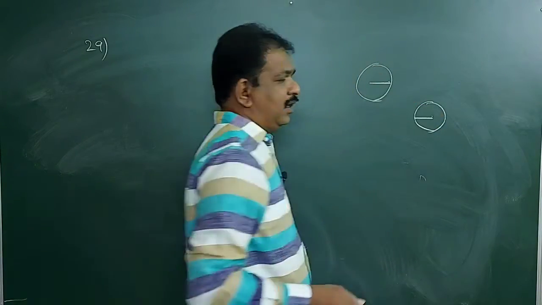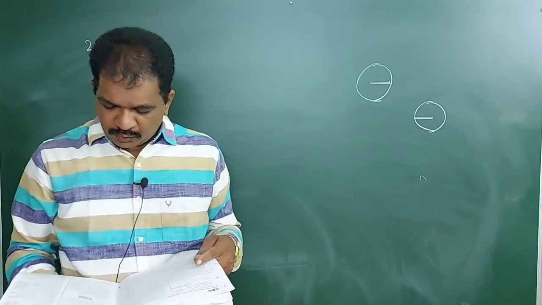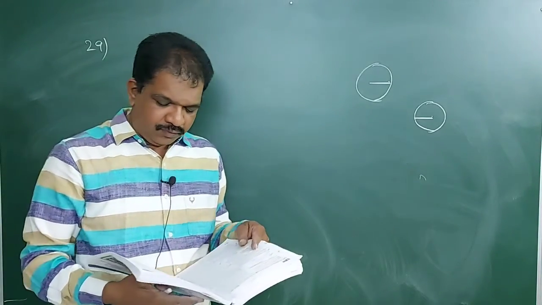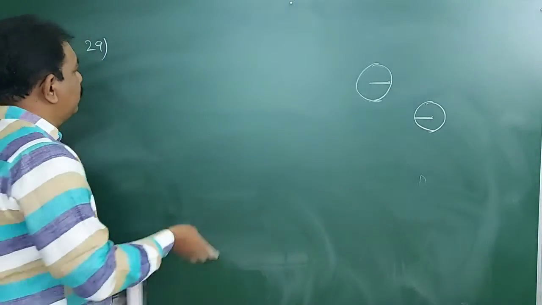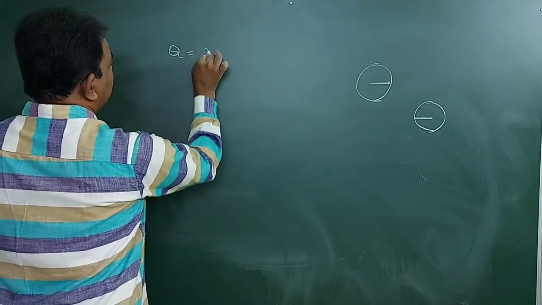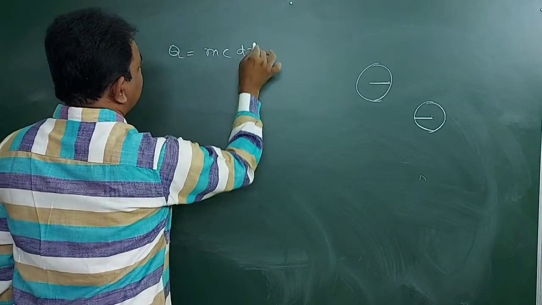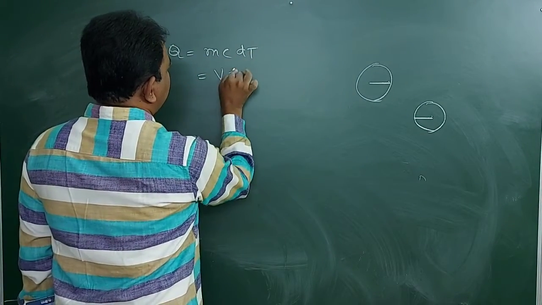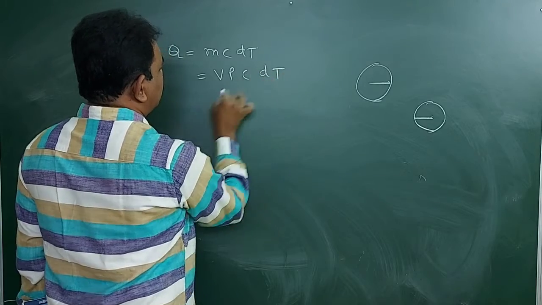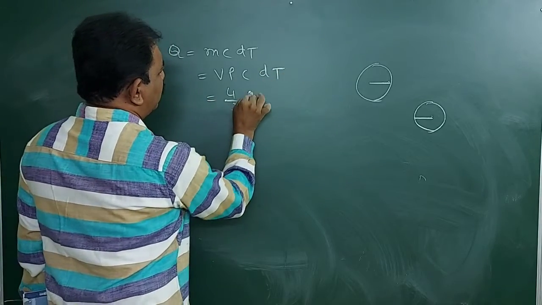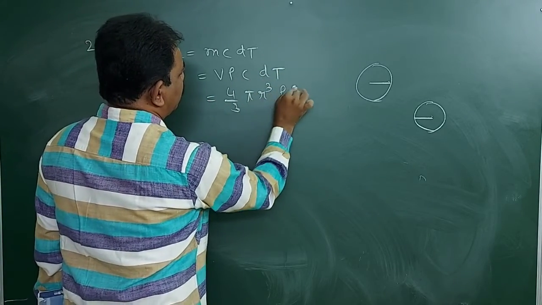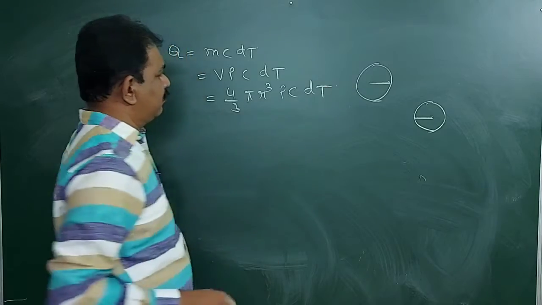The ratio between the radii: R1 is equal to 1.5 R2. Heat required Q is equal to m c dT, volume into density into c dT, 4/3 pi r cube rho c dT.